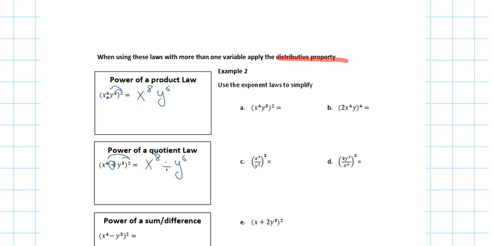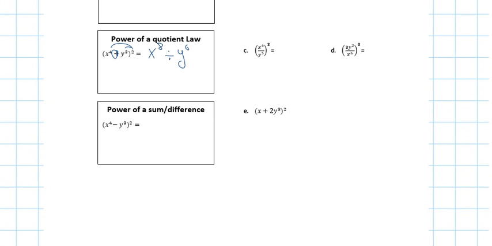Okay? So in the case of product and division, or multiplication and division, I can distribute. In the case of subtraction and addition, I cannot. If I have subtraction or addition between my terms, I cannot distribute.